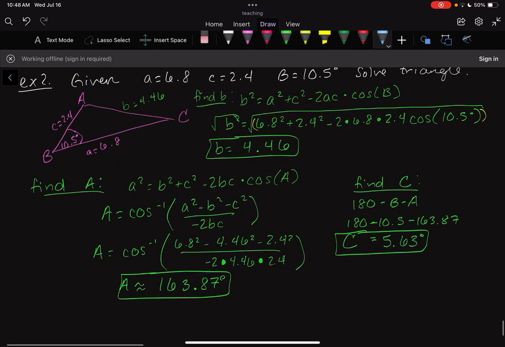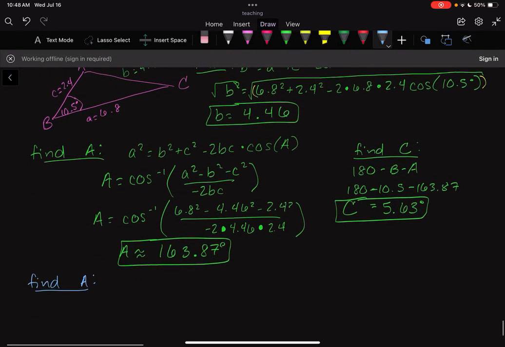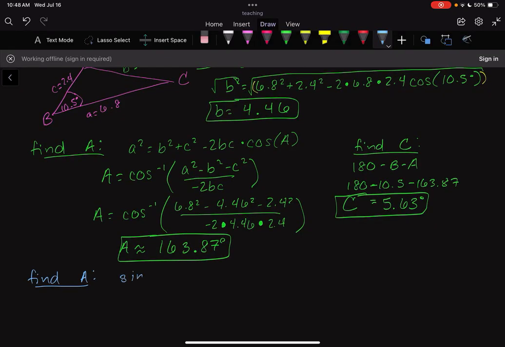Now, I will show you this. You don't have to write this by any means, but I do just want to show you what would have happened if you had used law of sines and found A first. You would have done sine of A over A is equal to sine B over B. I can plug everything in. I'm just showing you what would have happened if you had switched to law of sines.